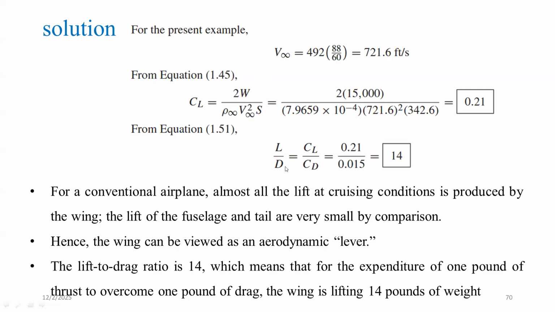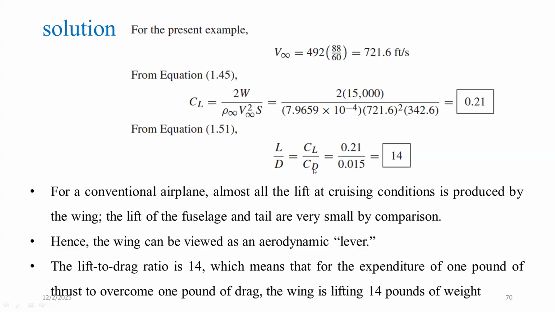In most cases, CL over CD, or L over D, is the condition in which we operate jet engine aircraft. For propeller-driven aircraft, we consider the power, so it can be CL to the power 3 over 2 over CD condition.